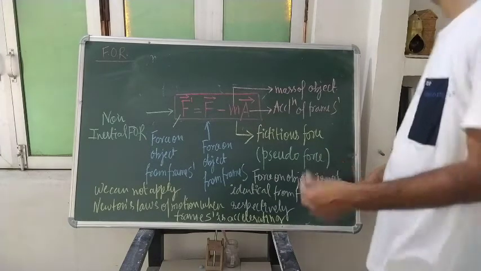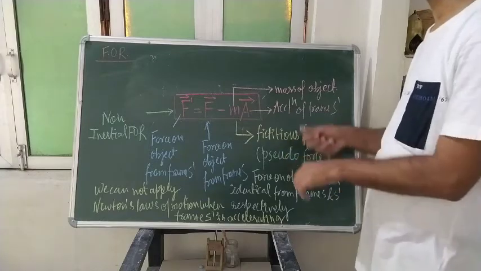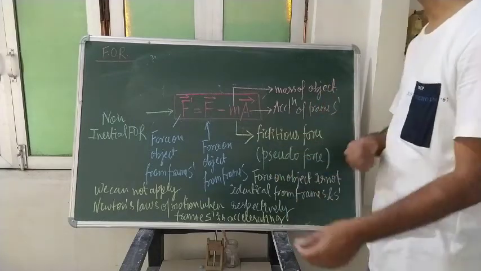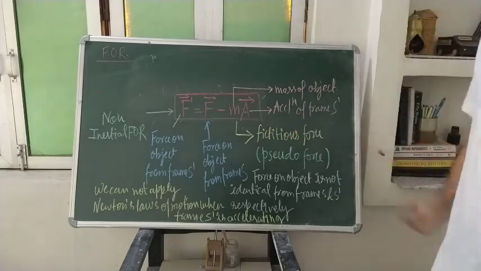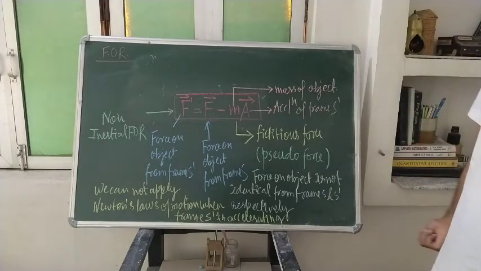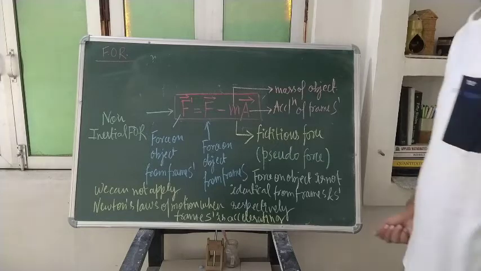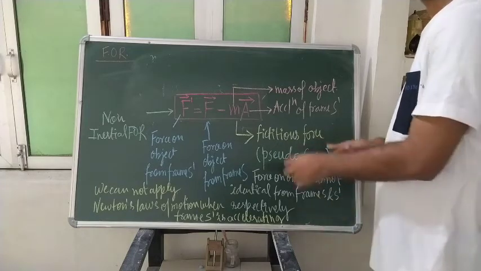I have given you the idea of what a non-inertial frame of reference is. Newton's laws will not be applicable in that, and we are looking that forces are not coming the same.